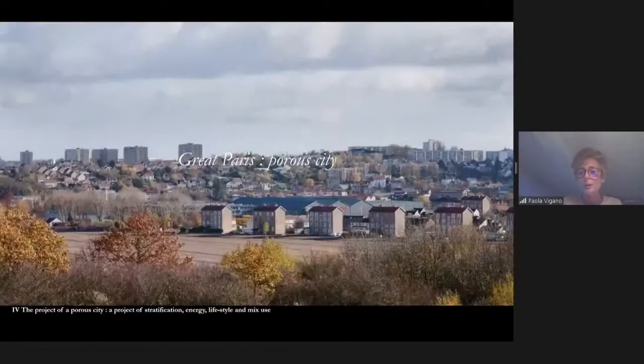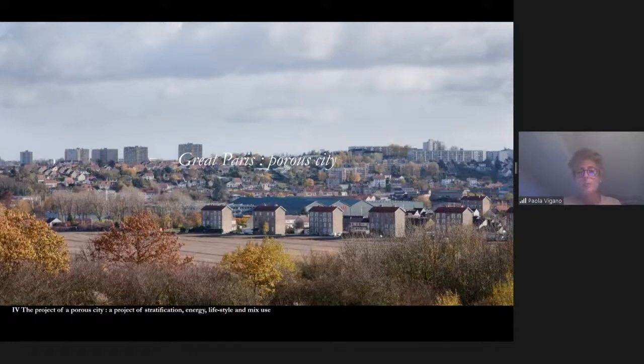We continued with this reflection in the Great Paris, where again the porous city was a fundamental instrument to read the complexity of the big Parisian agglomeration.